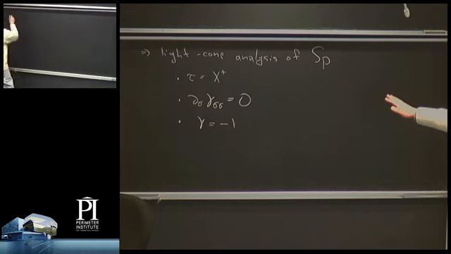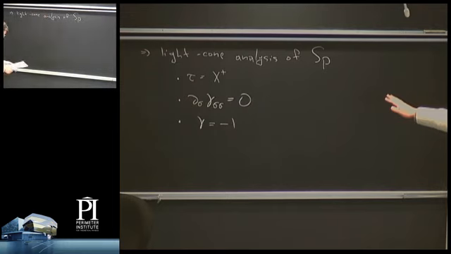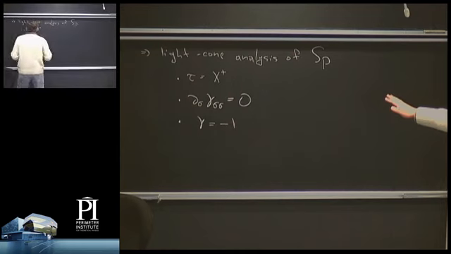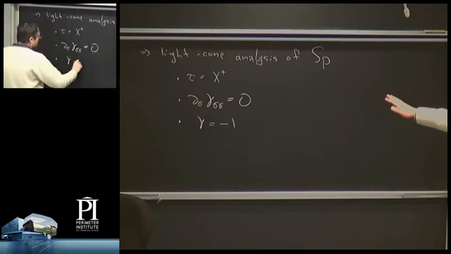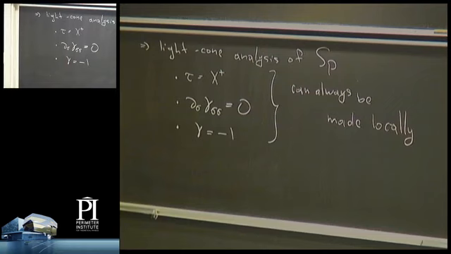All right, so what we did was the light-cone analysis. We took the light-cone gauge, so x plus is set equal to tau. Then we chose a particular gauge, and the last condition is that we use Weyl invariance on the metric.